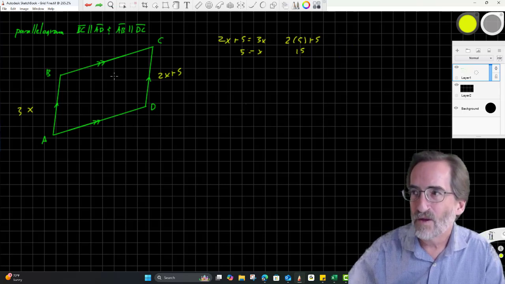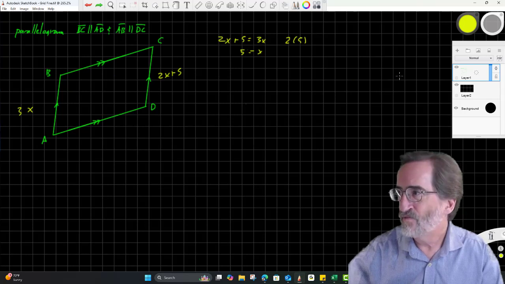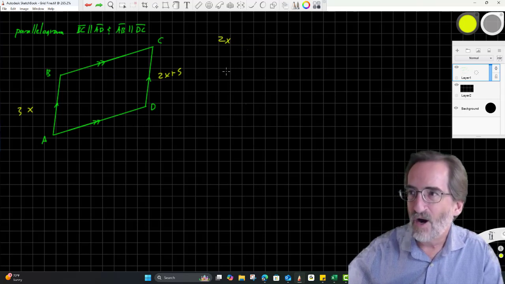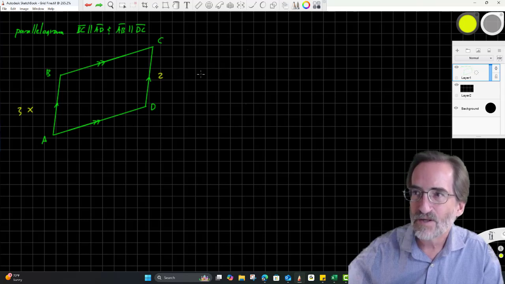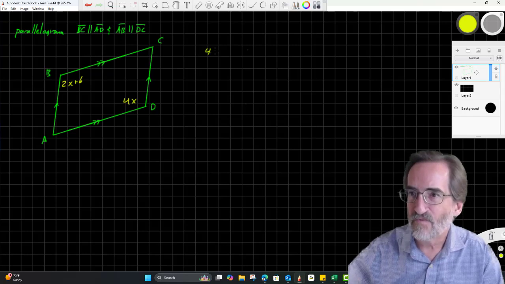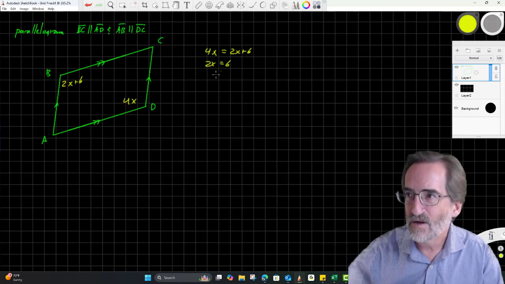Or, here's another. Opposite angles are congruent. So you can set up a problem like this, where you say 4x and 2x plus 6. So you could say 4x equals 2x plus 6. Subtract 2x. 2x equals 6.